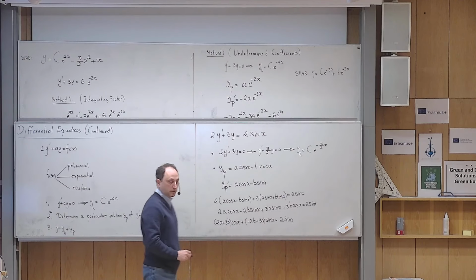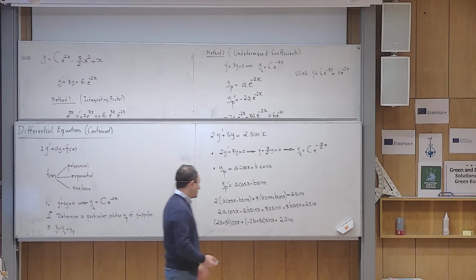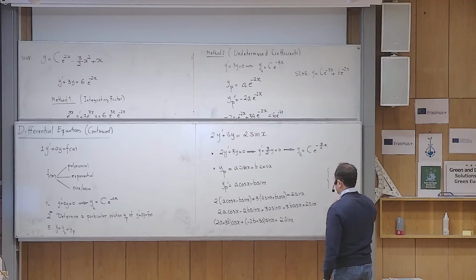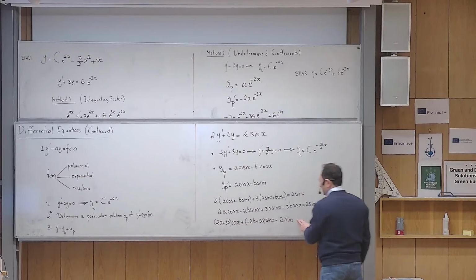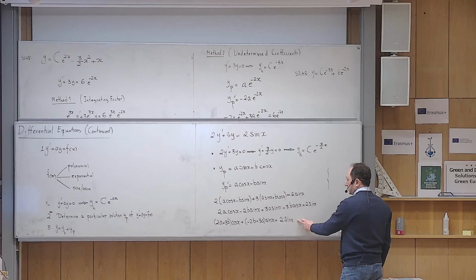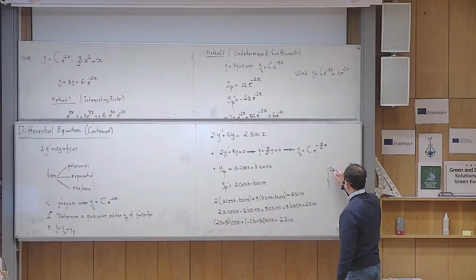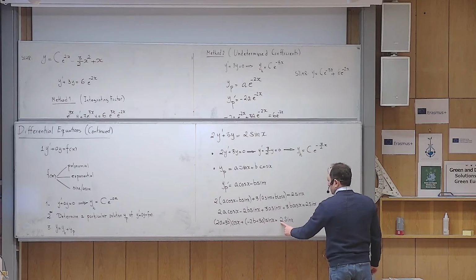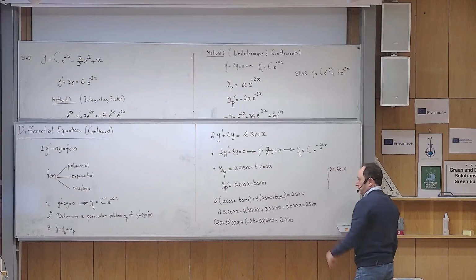Now I start comparing. The comparing is extremely simple because you see that the left-hand side involves cosine, but the right-hand side doesn't have any cosines. So it means the coefficient of cosine should be 0. And the coefficient of sine should be equal to the coefficient of sine here if I want to have this matching.